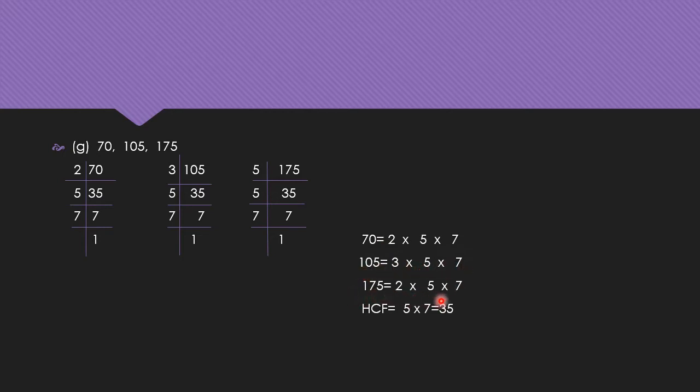Write the factors of 175. Now circle the common factors of these 3 numbers. Now HCF is the product of these common factors. 5 multiplied by 7, that is 35.